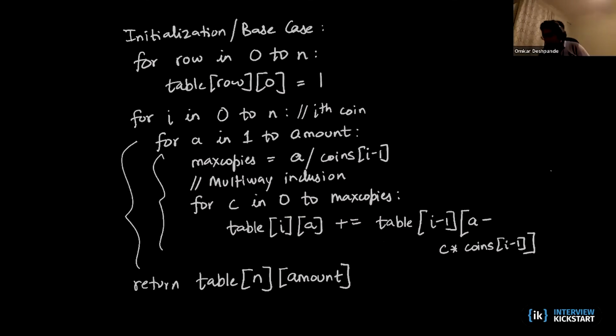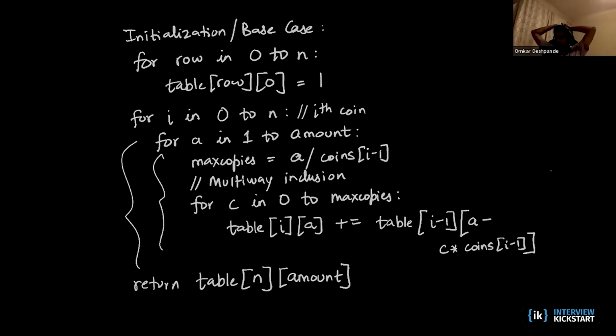So that's the multi-way inclusion option. You can see that there's actually a triple for loop here. There's an outer loop from 0 to n, so it's going to run n times roughly.